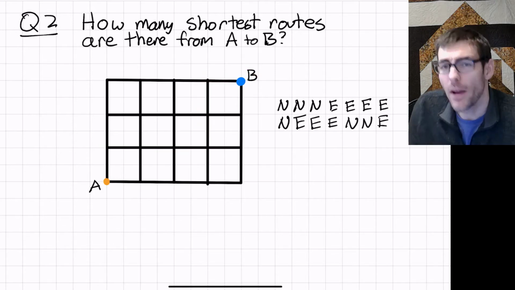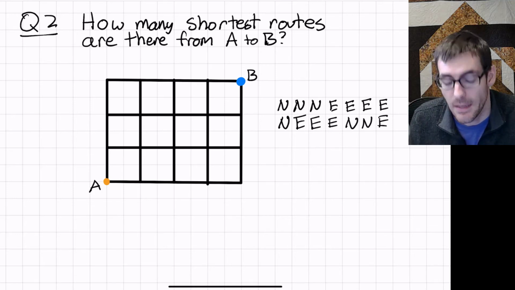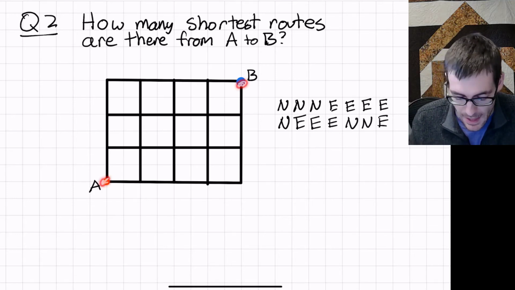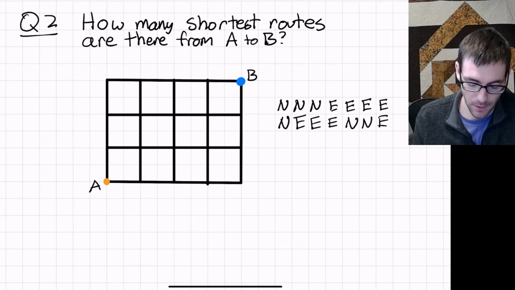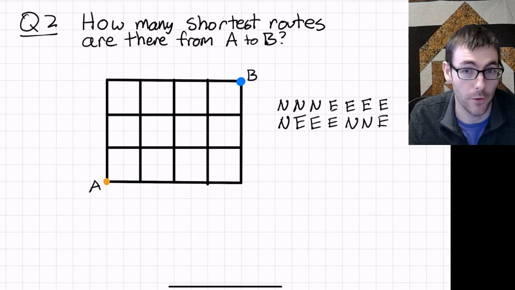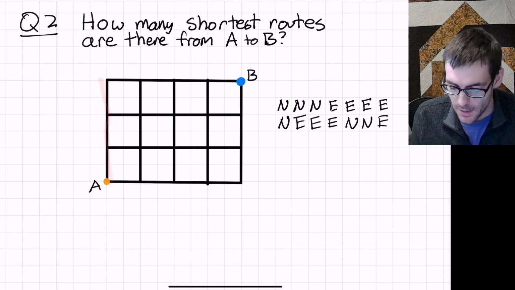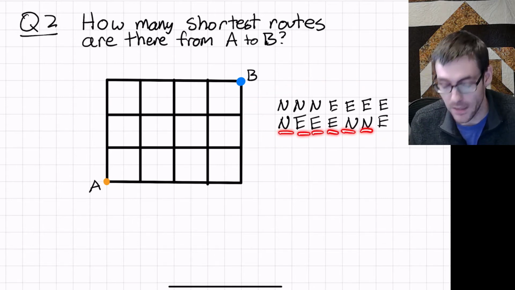So after writing a couple of these down, the key observation for this one is that any route from A to B has to go 3 blocks north, right? Because B is 3 blocks north of A. No matter what, you have to be walking north for 3 steps. So every possible solution includes 3 norths and 4 easts.